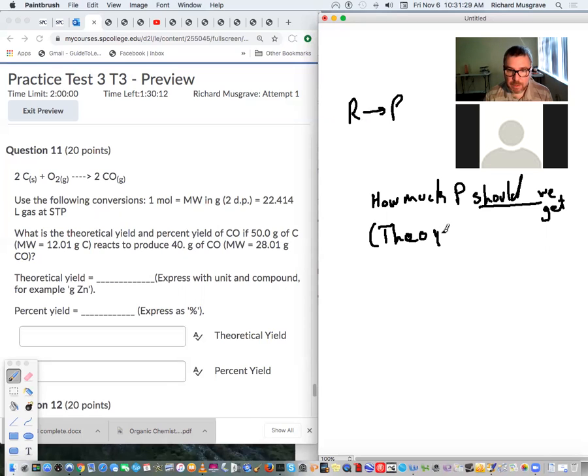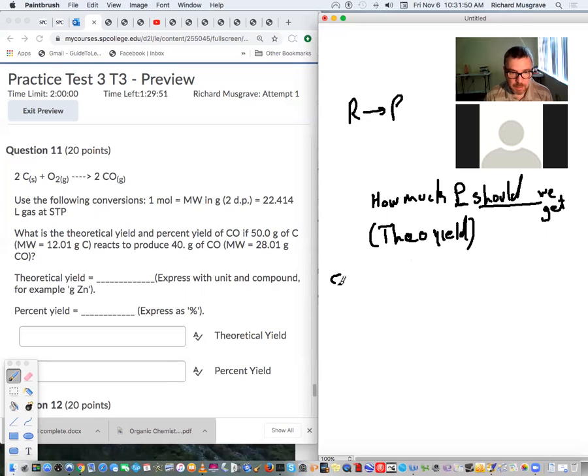So theoretical yield is what we're going to be looking for first. And we're looking for a product, but we're starting with the reactant here. The reactant in this instance is, let's see, 50.0 grams of C. You see C is a reactant.